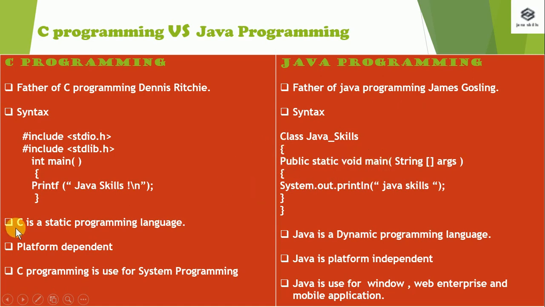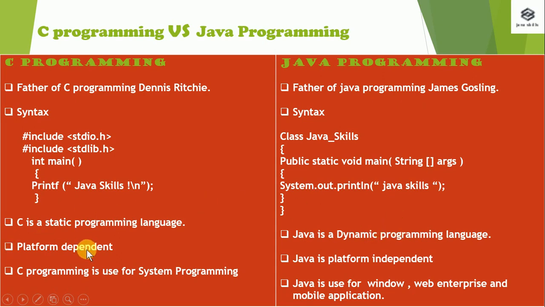Whereas C is a static programming language, Java is a dynamic programming language. What is static and what is dynamic? Static and dynamic refer to memory allocation. A static programming language allocates memory at compilation time, whereas a dynamic programming language allocates memory at runtime.